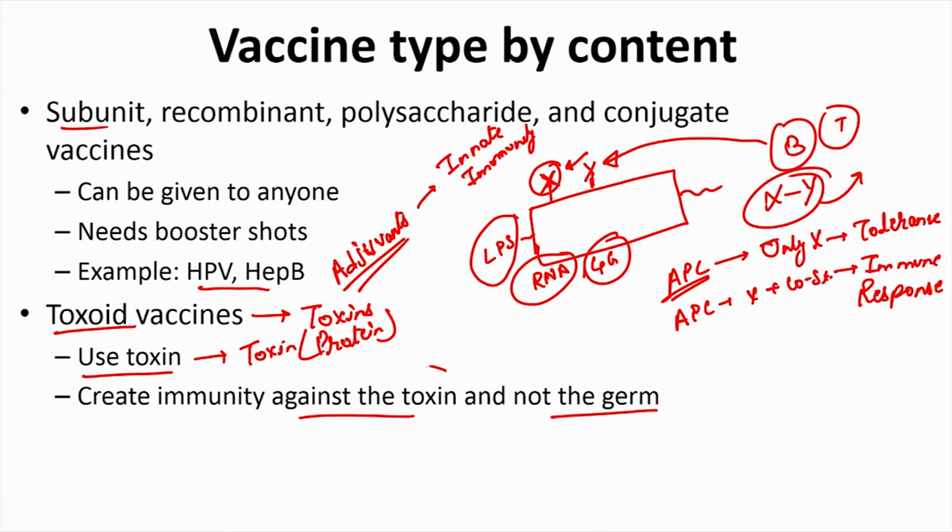So, the body then only sees the toxin along with some adjuvant, of course, it never really sees the germ. Although this toxin is a part of this germ, it may be secreted, it may be intracellular or on the surface. So, when this germ comes, the body is not really directly attacking the germ, but the toxin that is produced.